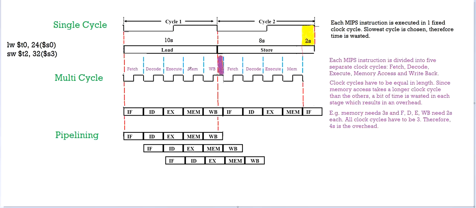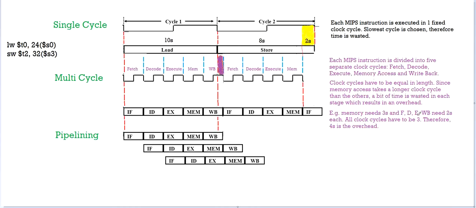The memory clock cycle will always take a little longer to process than the other 4, because whenever we need to access the memory, it's a lot more time consuming than the other stages. So take for instance the memory needs 3 seconds, yeah? So this clock cycle will basically need to be 3. And since every clock cycle has to be equal, then this fetch one also has to be 3. This also has to be 3.